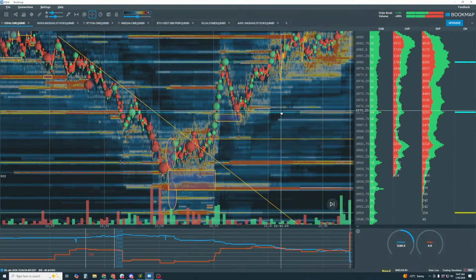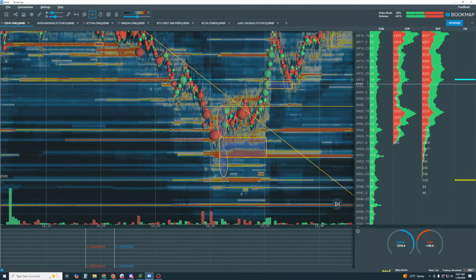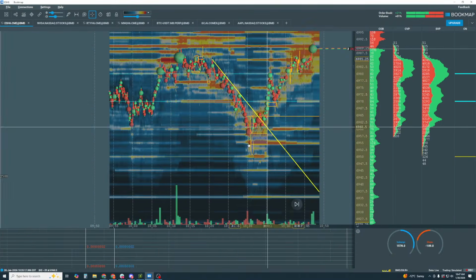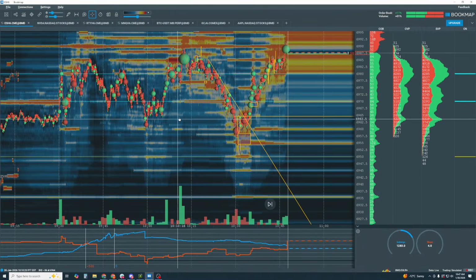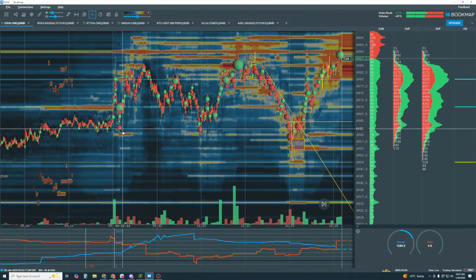So you ladies have been asking about key levels and how to filter for key levels. Well, this is our key level here, and we mentioned it in real time.